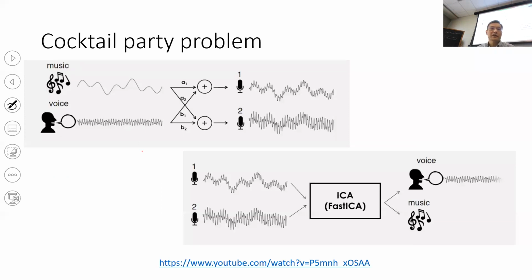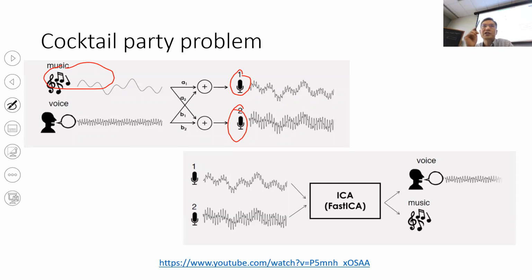In this example, you have music as background and someone talking, and then you have two microphones receiving signals. These two microphones are placed in different corners of the room, and one microphone is close to the background music, and another microphone is closer to the person who speaks.